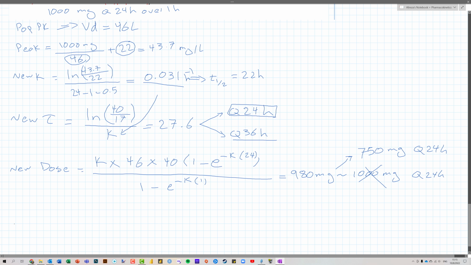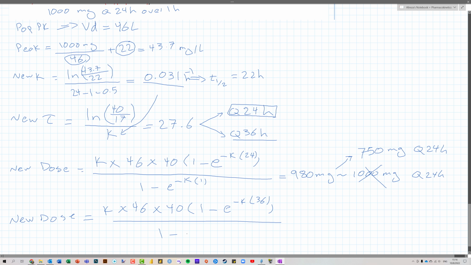So let's see what it would be if we do tau of 36. So the new dose, again, K times 46 times 40, 1 minus e to the negative K times 36.